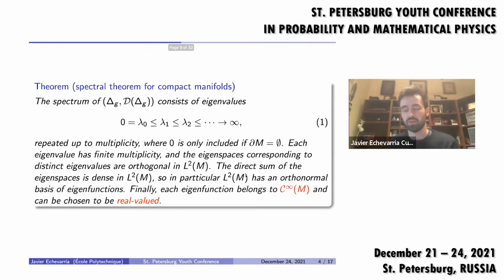And this is the key spectral theorem that tells us that the spectrum of this Laplacian, the Dirichlet Laplacian, is discrete. It has eigenvalues which go up to infinity. And the key thing for us is that each eigenfunction will be smooth, in fact analytic, and real valued. So we can hope to compute them and see what they look like.